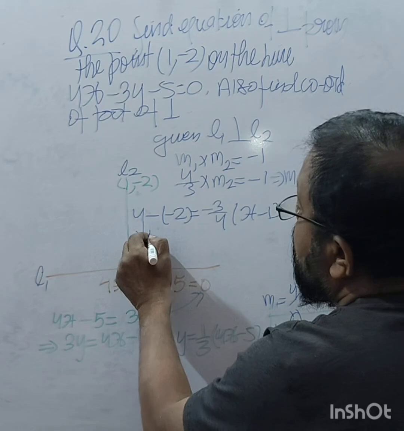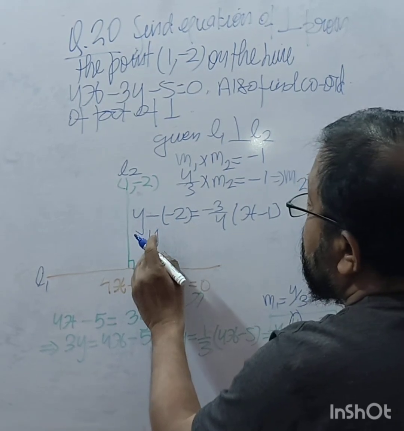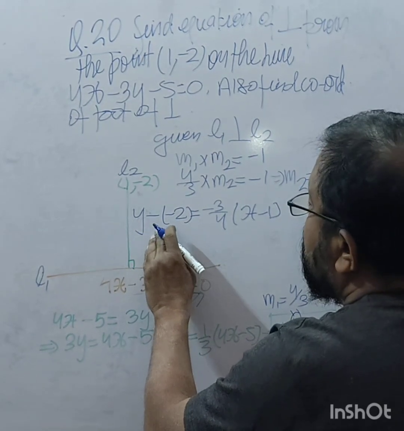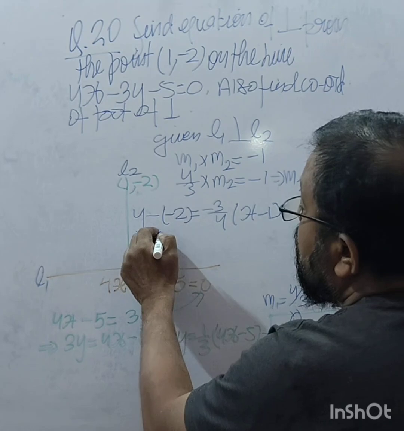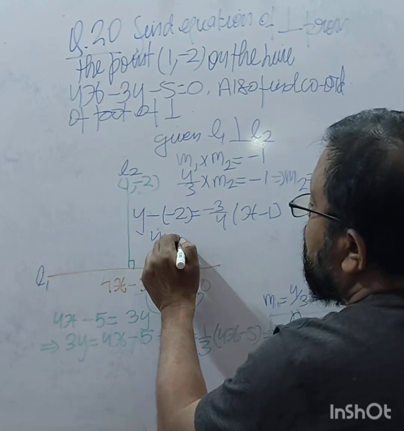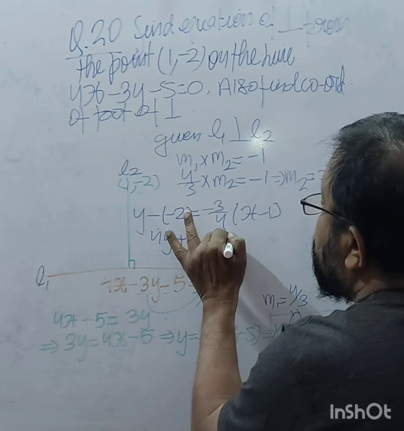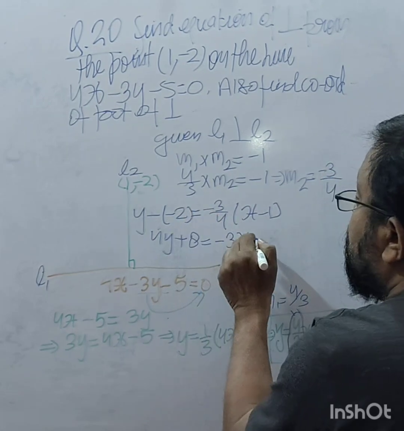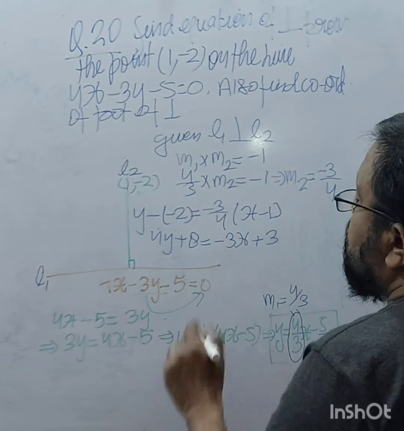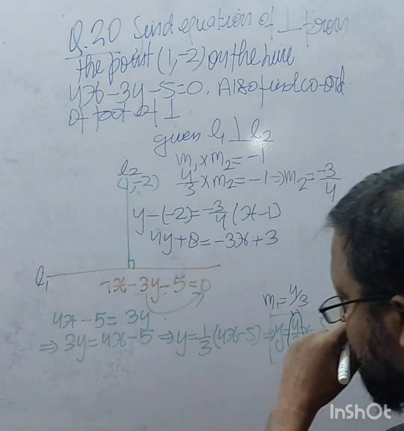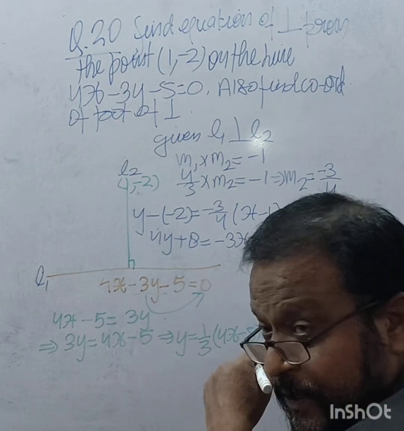So you get 4y plus 8 is equal to minus 3x plus 3. Will you get this?